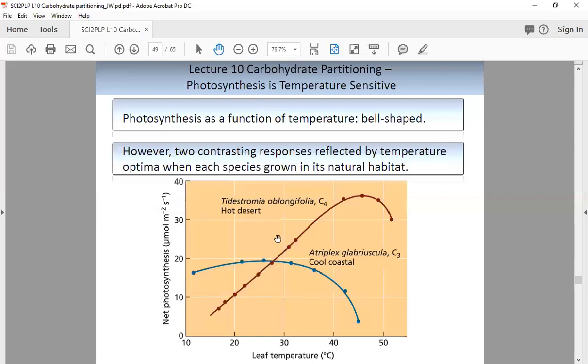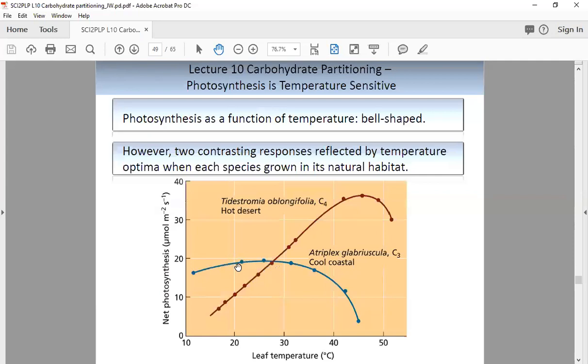So let's look at the ascending part of the curve, there and there. This part of the curve represents a temperature-dependent stimulation of enzyme activities. So obviously the enzyme activity increases as the temperature becomes more optimal for its activity, because every enzyme has a temperature optimum under which it works.